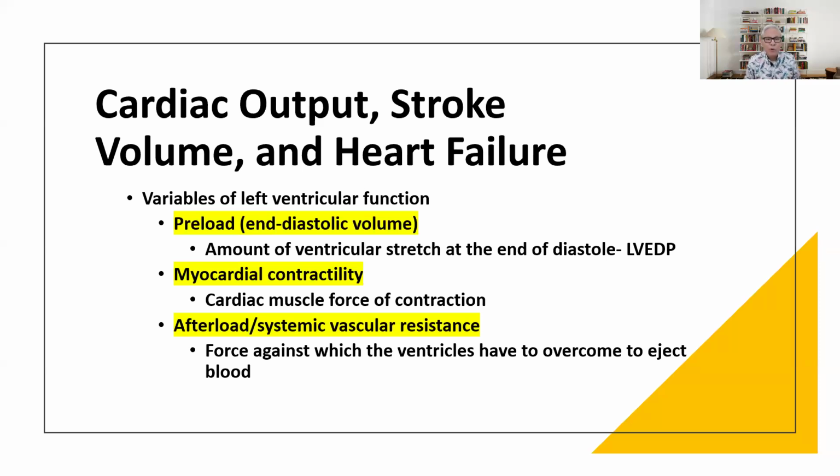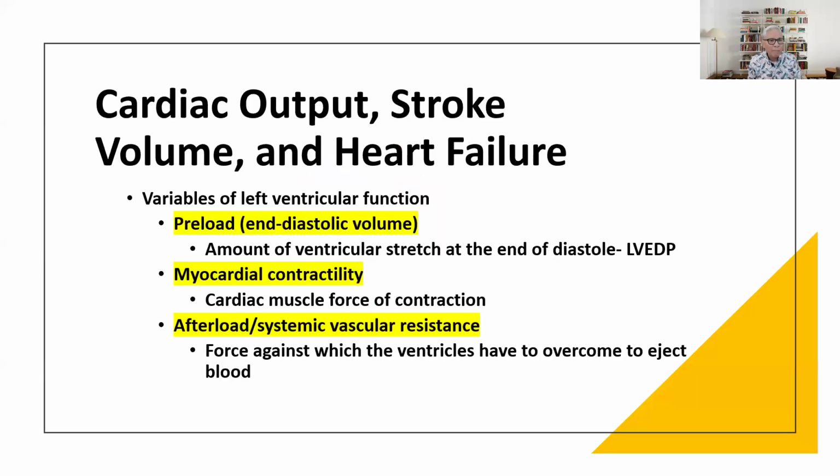Before we go to a discussion on heart failure, it's important to discuss some terms. These terms are going to be very important in understanding the physiologic changes that occur when a patient has heart failure. The first one is preload. Preload is also referred to as end diastolic volume. I like to illustrate that by saying that anything that enters the heart at any time is what is known as preload.